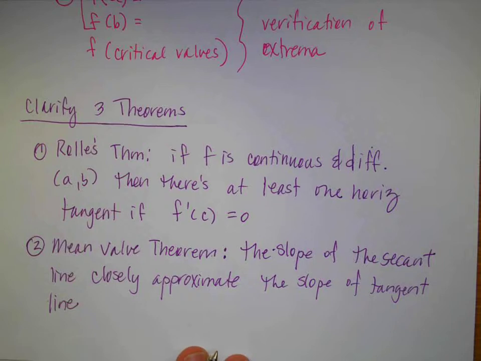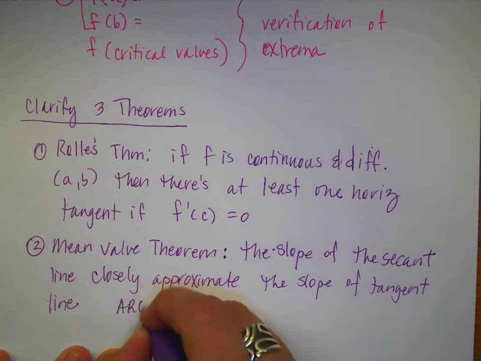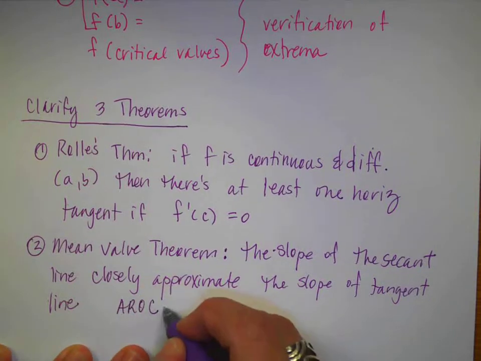So the mean value theorem basically gives us a way of calculating the slope of a tangent line even if I don't know an equation for the tangent line. So it's very, very useful.